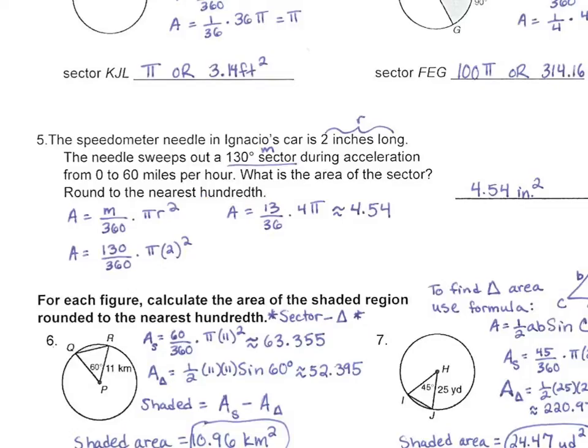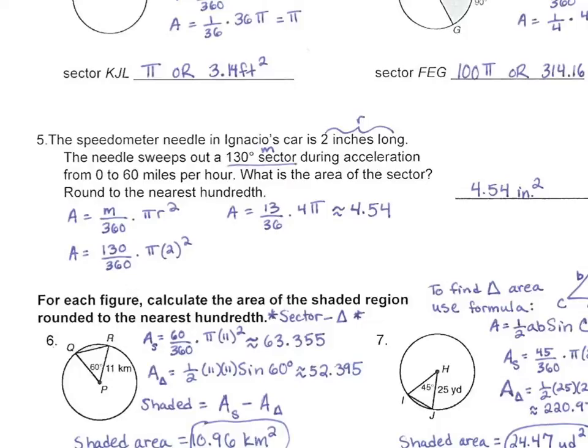So 130 substituted in for m, and then 2 inches substituted in for that radius. We have 13 out of 36 to simplify that front fraction times 4 pi, and the equivalent rounded is 4.54. Make sure you have your square inches at the end there.